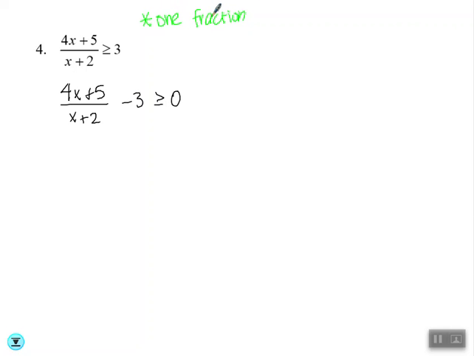So I'm going to have to get a common denominator and add these together. So I need to multiply this -3 by x plus 2 over x plus 2. So I'll have 4x plus 5 minus 3x minus 6 all over x plus 2. And then combine like terms.